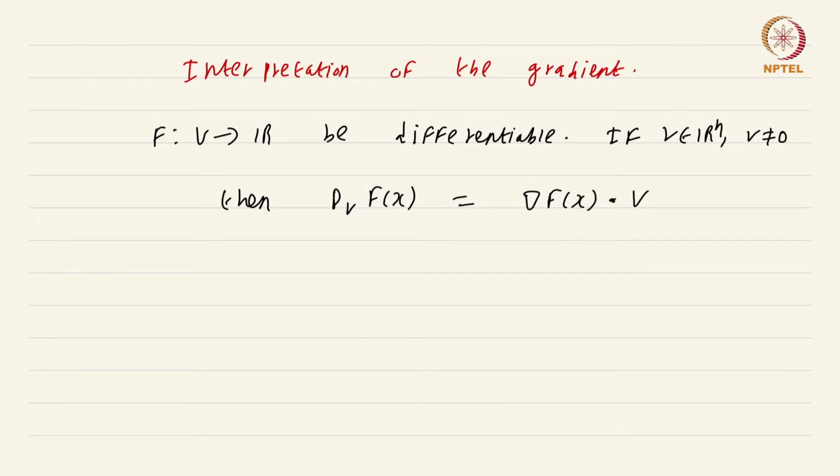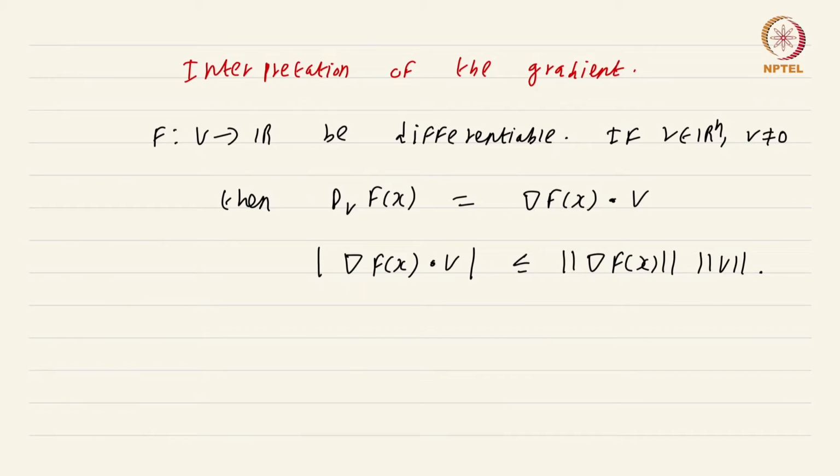Now we already know that the Cauchy-Schwarz inequality, which applies for more general inner products, and specifically applies to the dot product, is going to tell you that the modulus of this is less than or equal to the norm of the gradient of f at x times the norm of the vector v.